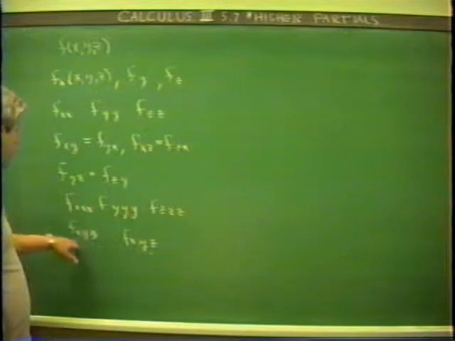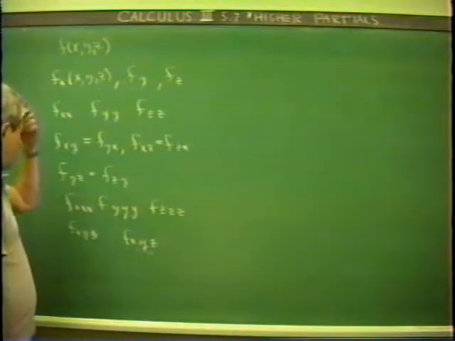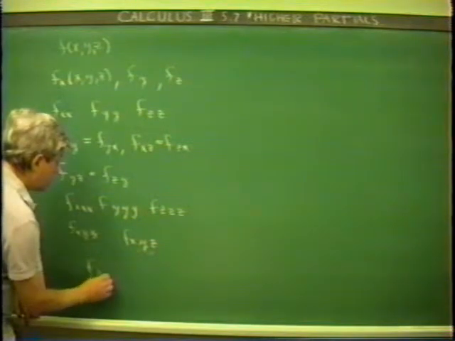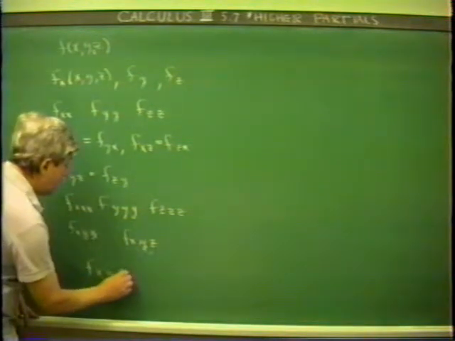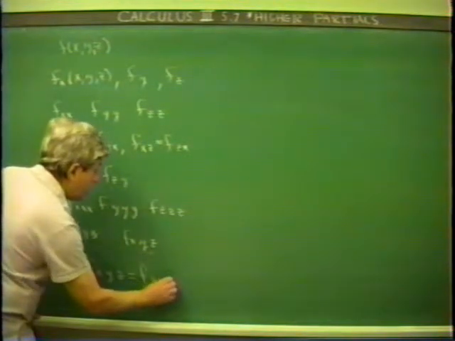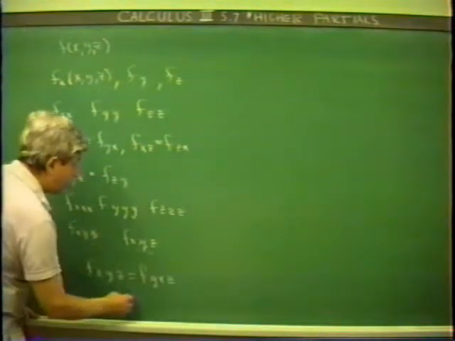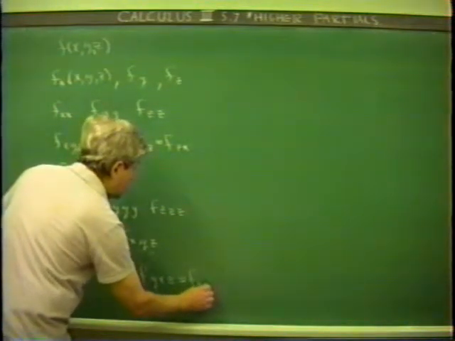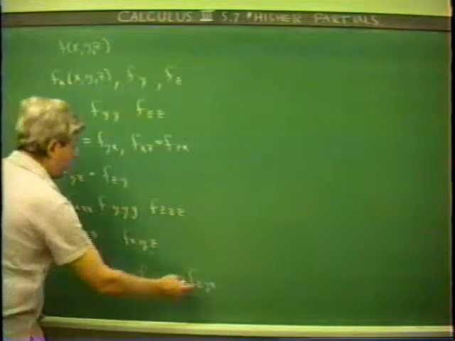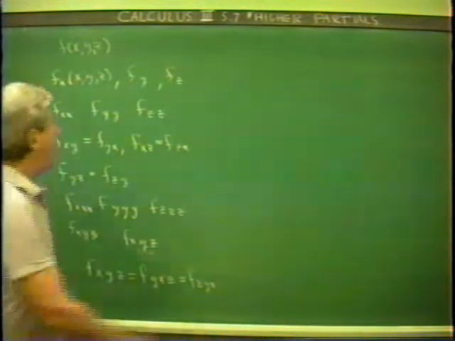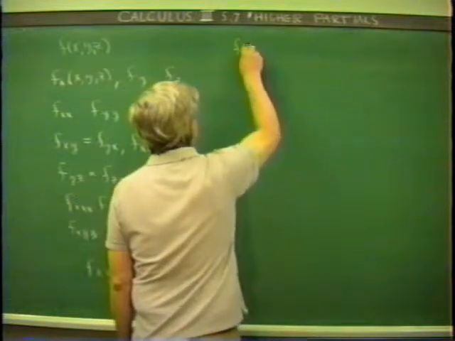All of the possible combinations here of x, y, and z for the third partials, with again, for example, fxyz is equal to fyxz, and other arrangements are equal also here. So this is also equal to fzyx, right, provided we've got continuity. Let's take a look at an example.